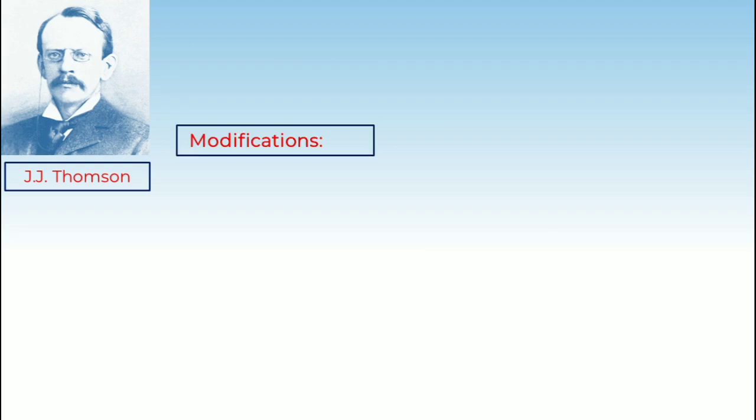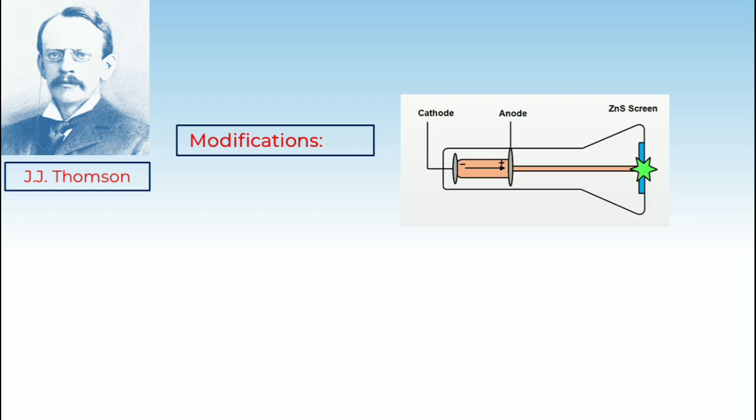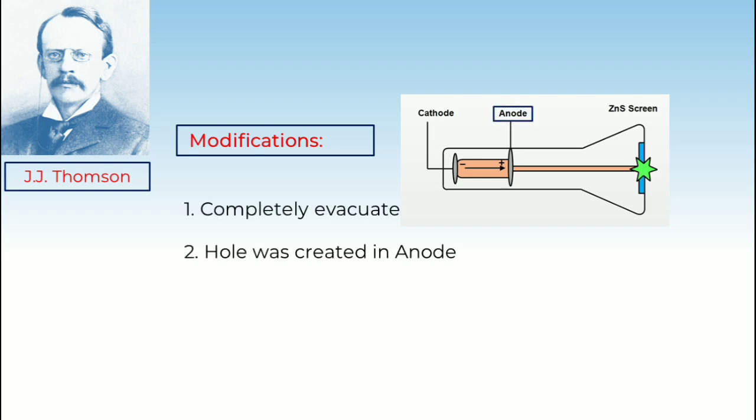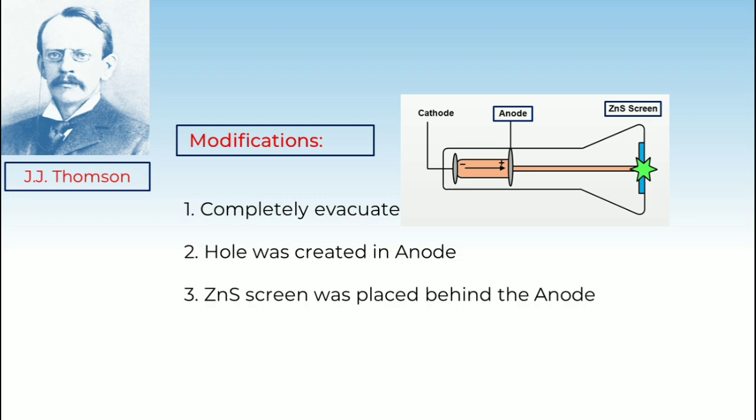J.J. Thomson made some modifications. The tube was completely evacuated and a hole was created in the anode. Then a zinc sulfide screen was placed behind the anode to see the rays. The cathode rays are so fast that we can't see them with the naked eye, so there is a fluorescent material behind it.